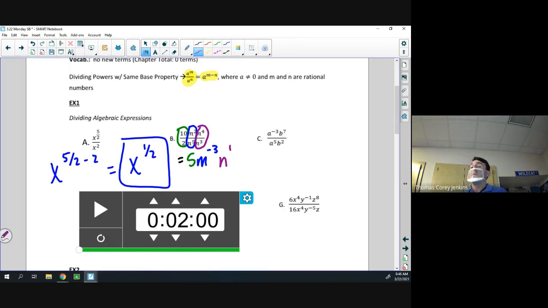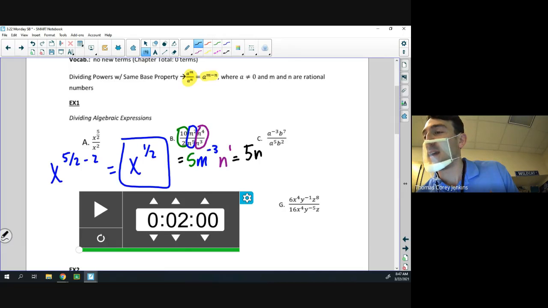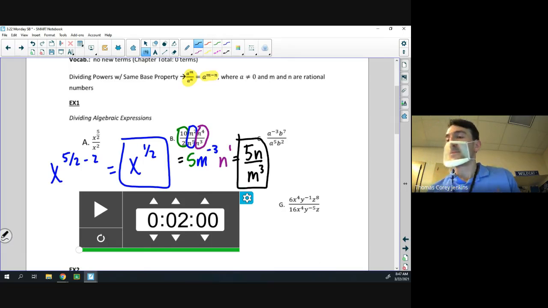The last step is we try to clean it up. We do have a negative exponent there, so we want to clean that up. Does anybody want to try to write my final expression with only positive exponents? Anybody want to do that step for me? All right, I'll do it. We would have 5 times n over m cubed. 5n over m cubed. Does anybody have any questions about that step?